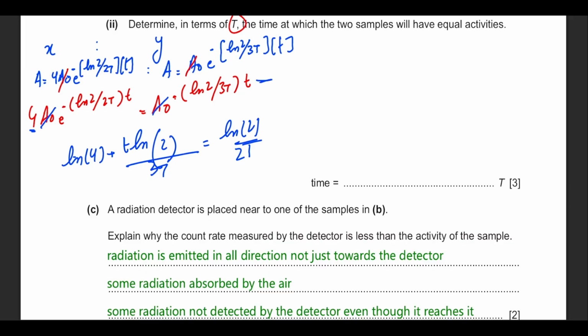From this point onwards, you have to do the algebra. You want to make the capital T the subject of the formula. Take your time. I've done this on another piece of paper. It does require half a page to be solved. You can find a different trick for this.